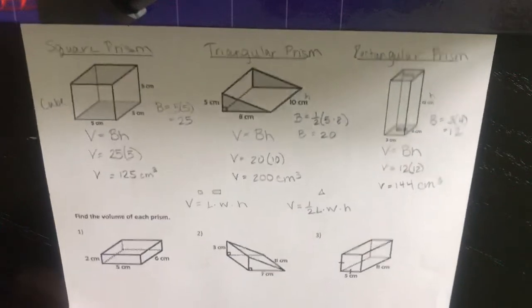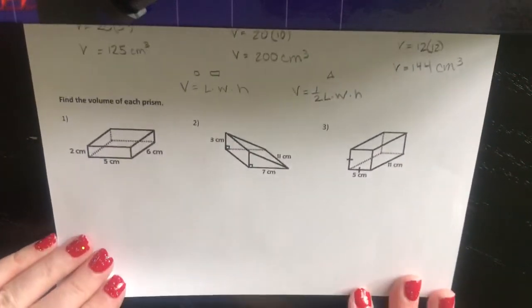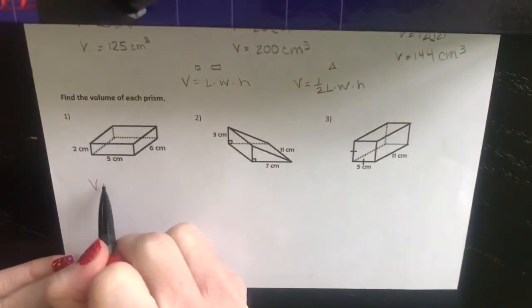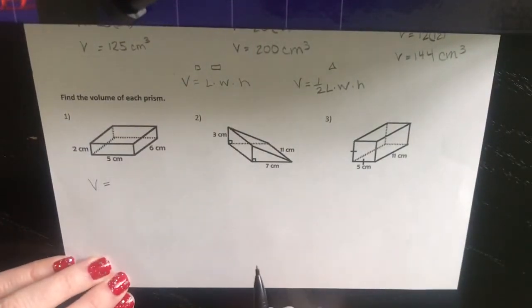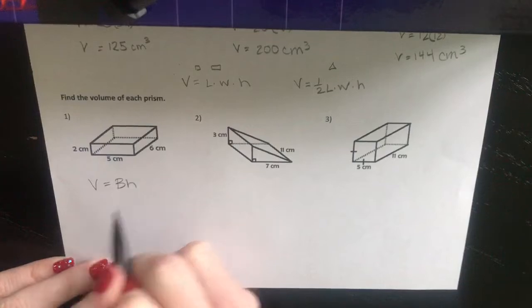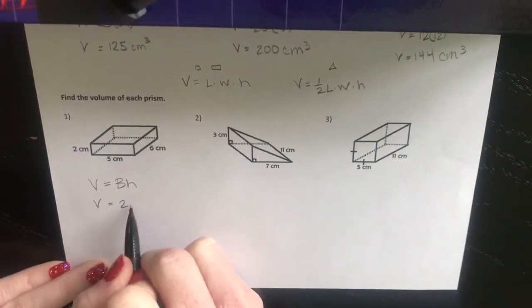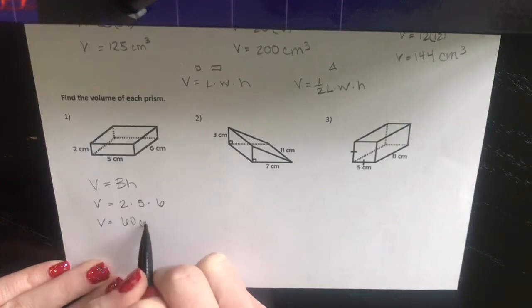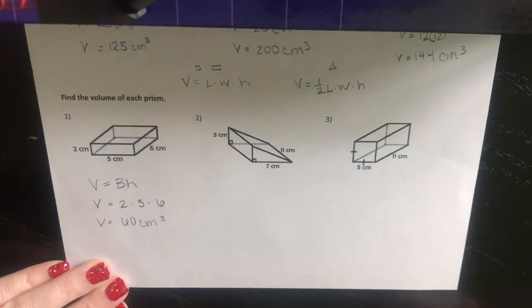Okay? All right, so a few practice problems, just finding the volume of these things. If you look, the volume is capital BH, or length times width times height. So the first one would be 2 times 5 times 6, and we would get 60 centimeters cubed.